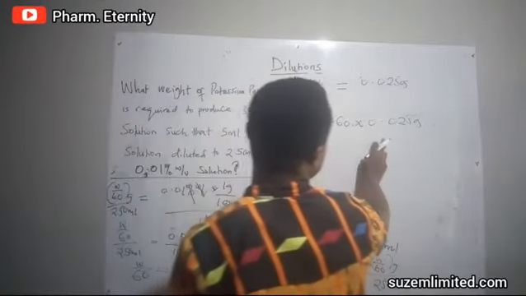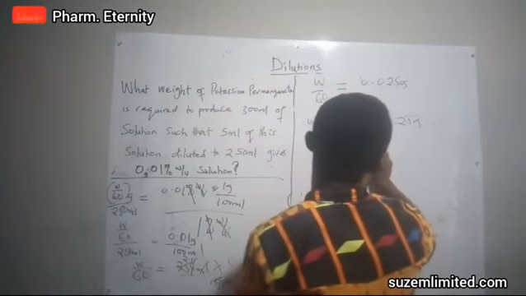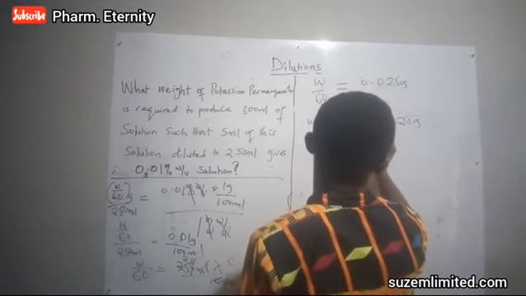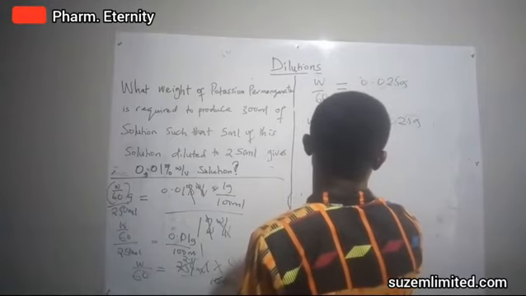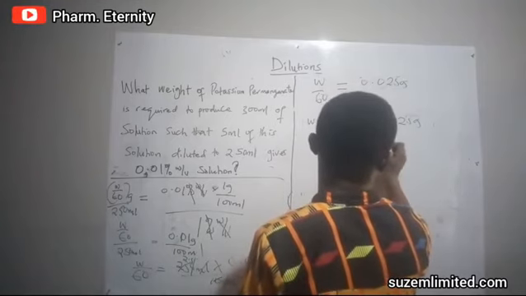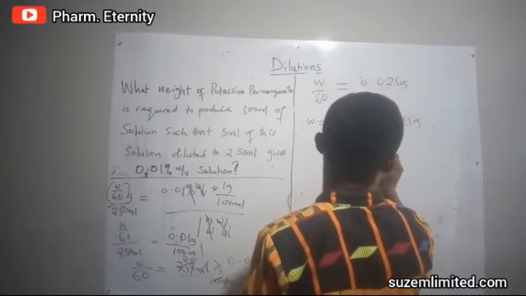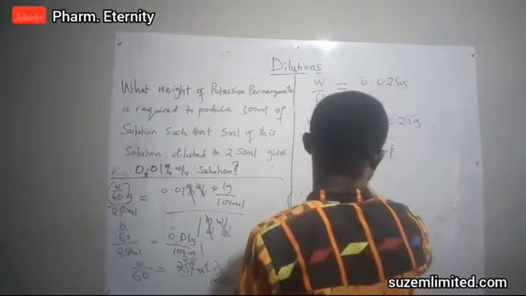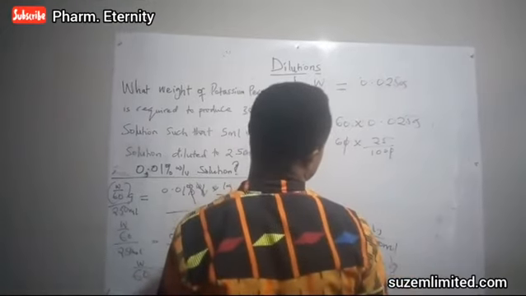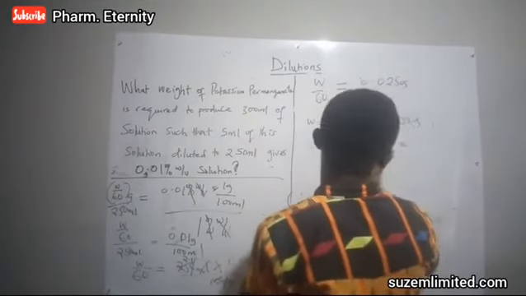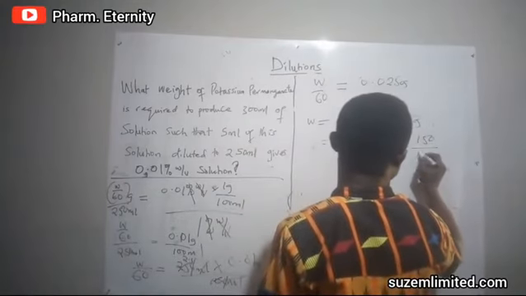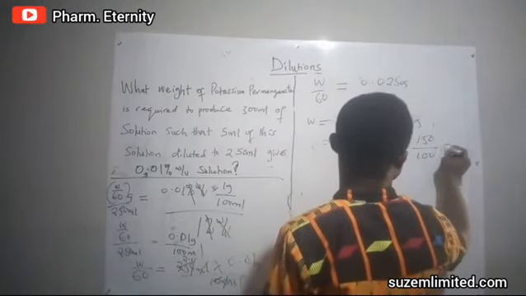You multiply this, you get something like this. This is certain as 60 times 25 over 1000. 6 times 25 is 150 over 100.